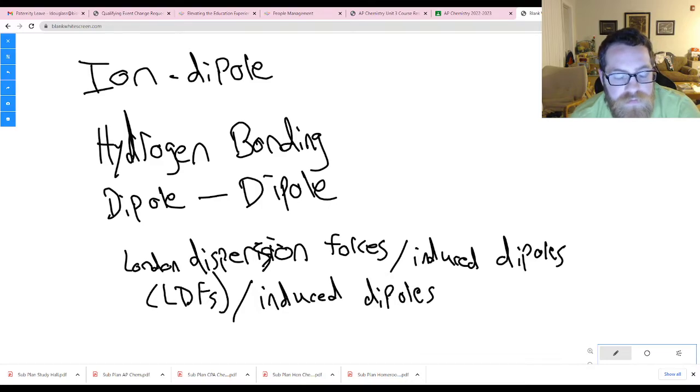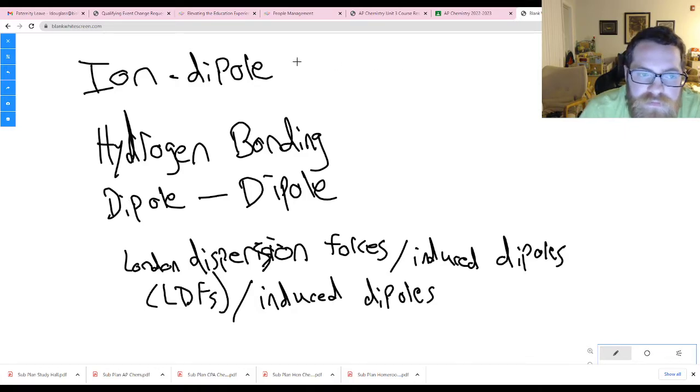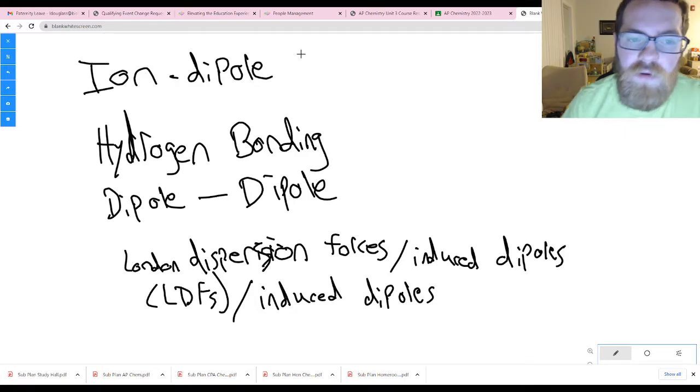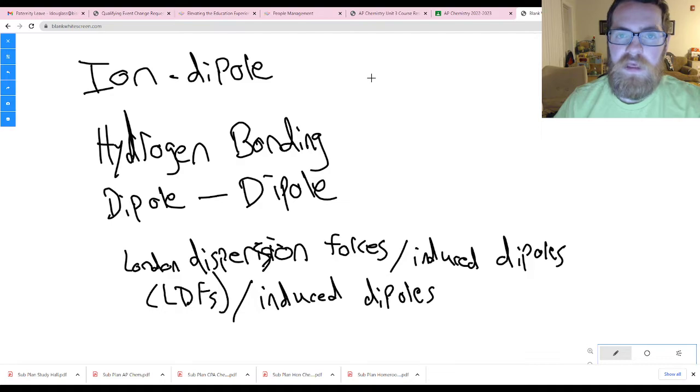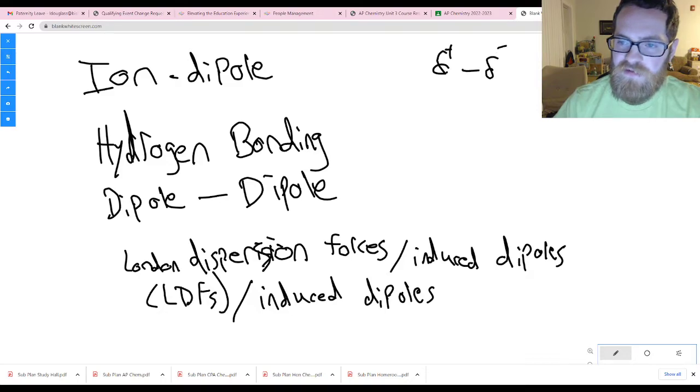So, let's talk about these. Now that we know what a dipole is, an ion dipole is just that, a combination of one dipole, the positive and the negative, with an ion.